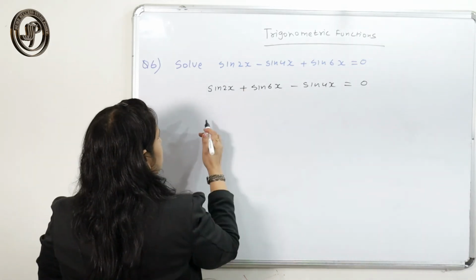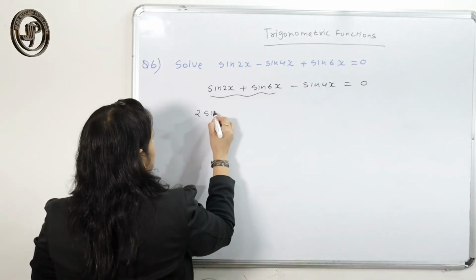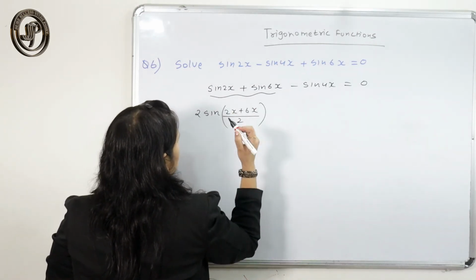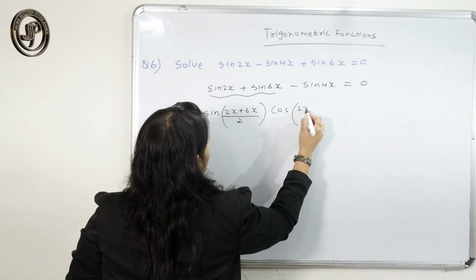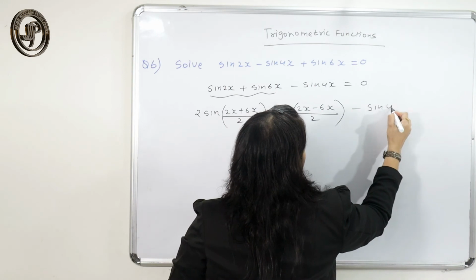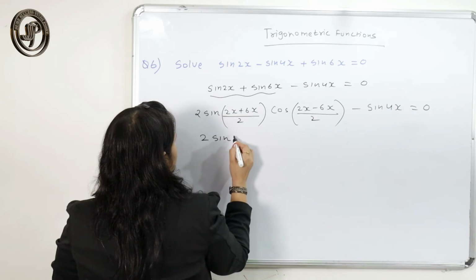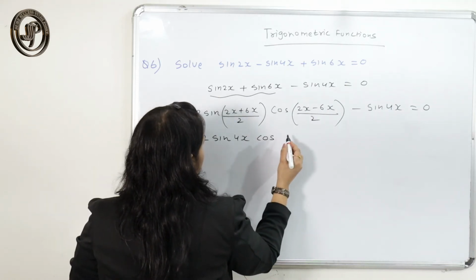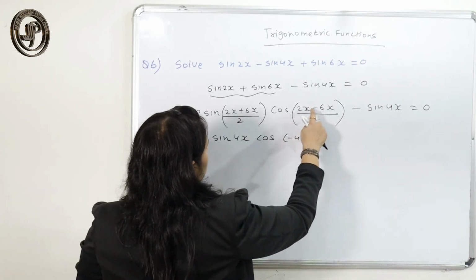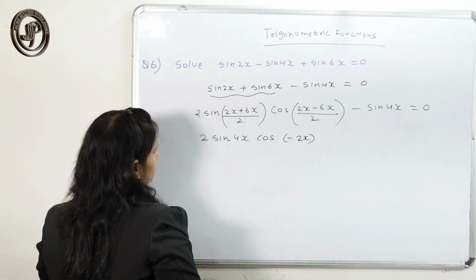So here sin A plus sin B. Use the formula for sin A plus sin B. This is 2 sin (A plus B) by 2 cos (A minus B) by 2, minus sin 4x. So this will be 2 sin 4x cos of minus 4x by 2, right? Sorry, cos of minus 2x. Okay.